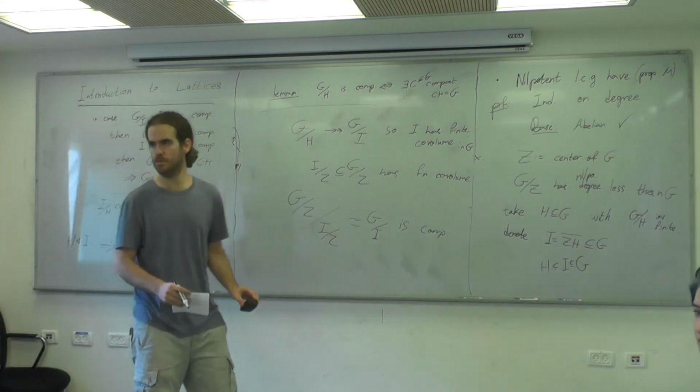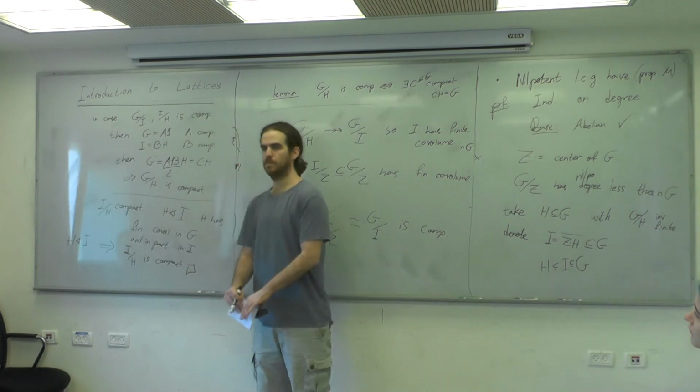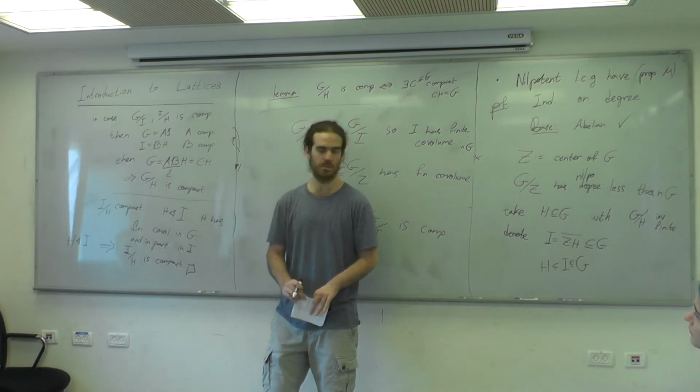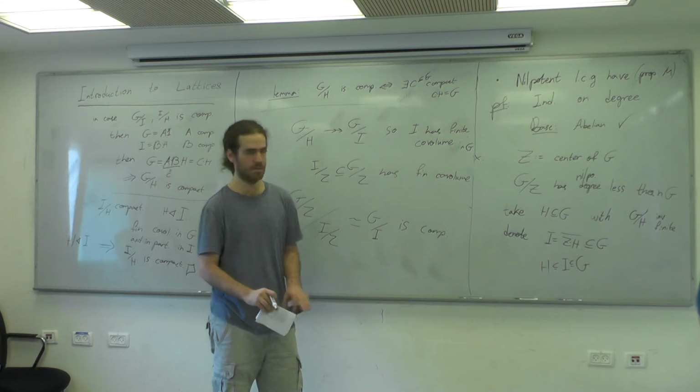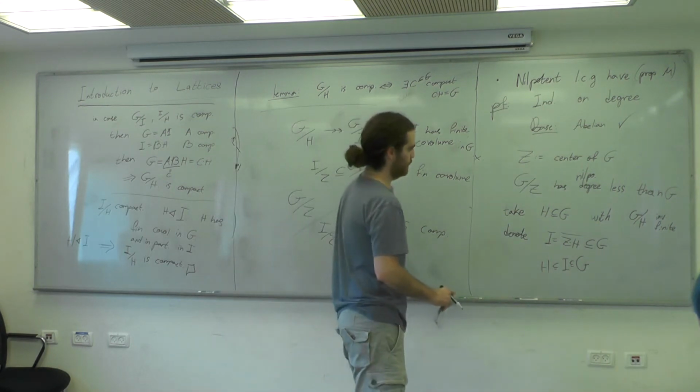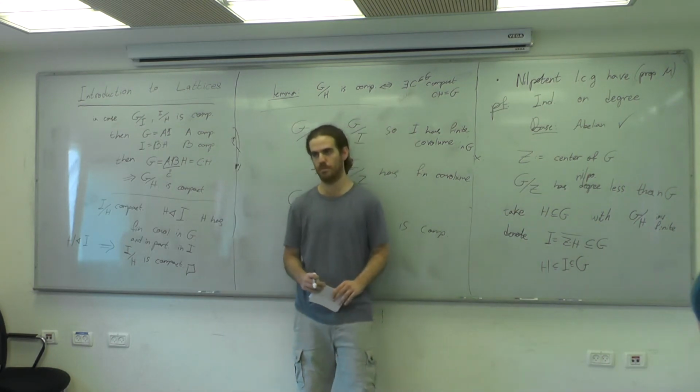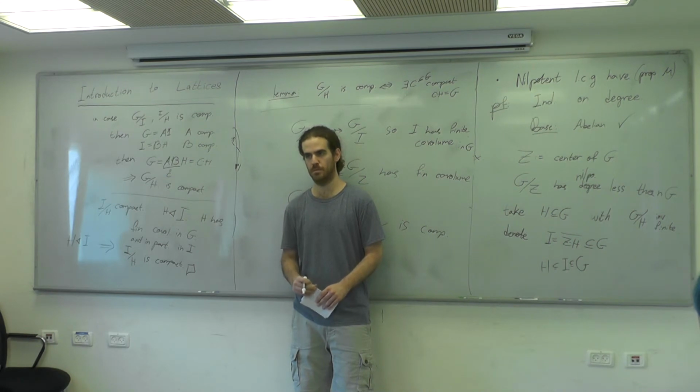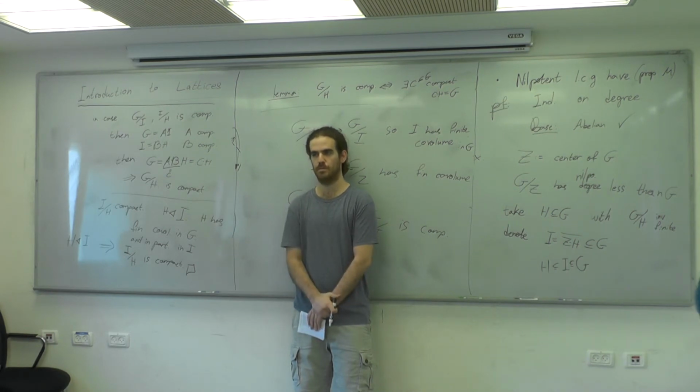Is it clear that H is normal in I? I is the closure of ZH. ZH is maybe not a closed group, but look at the group ZH, and I claim that H is normalized both by H and by Z. By H because it's the same group, and by Z because this is the central group.